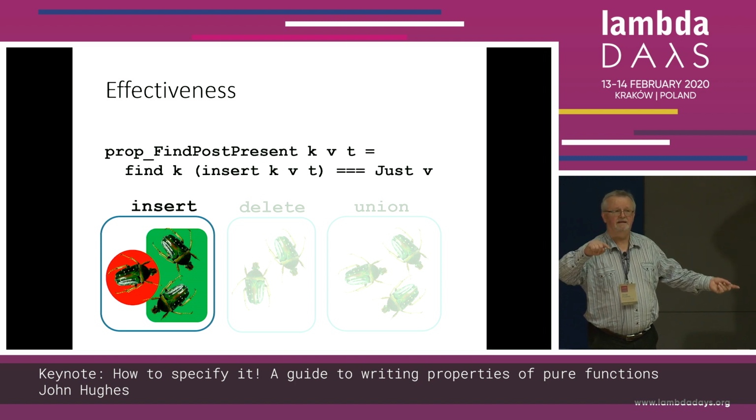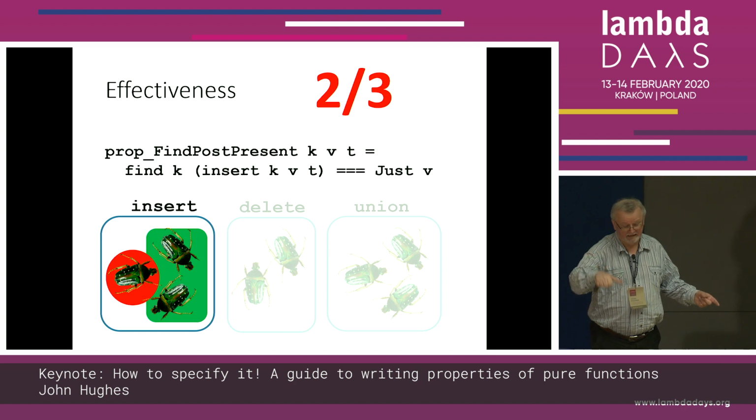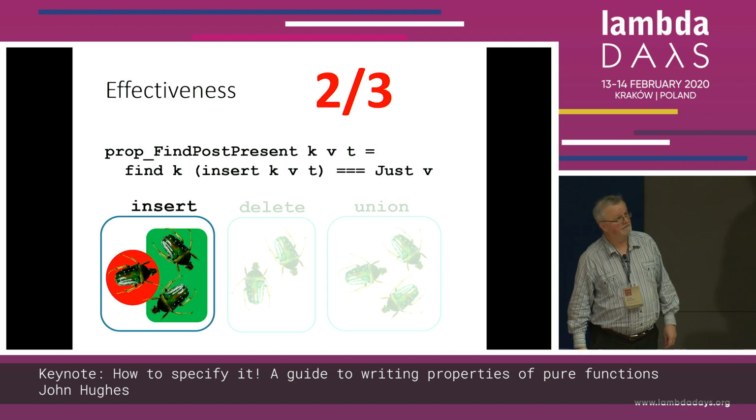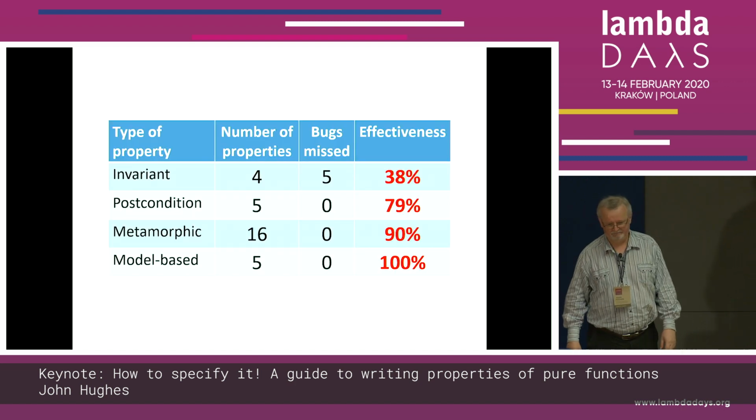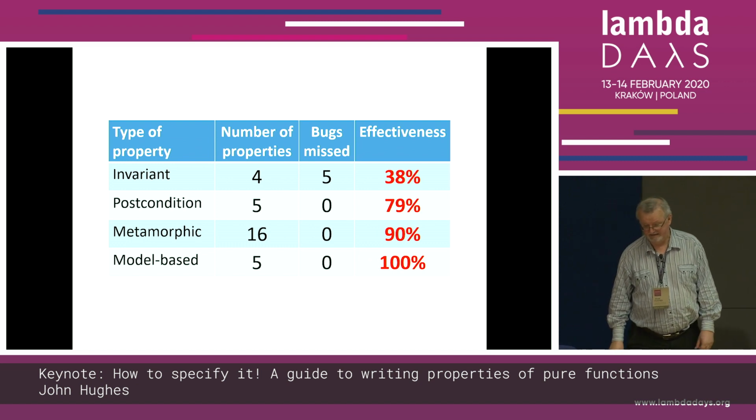Of the other 3, how many can this property find? And the answer is 2. So I'm going to say that this property has an effectiveness of 2 out of 3. It finds 2 of the 3 bugs that you might think it could find by just looking at which functions it calls. And then I added up the effectiveness over all my properties and averaged it out by property type.